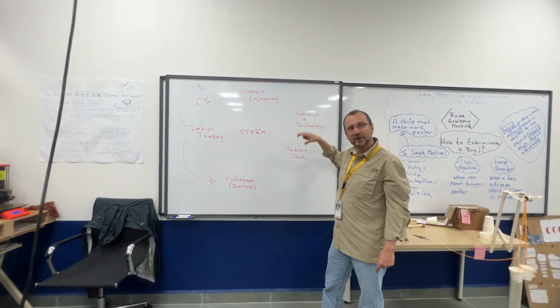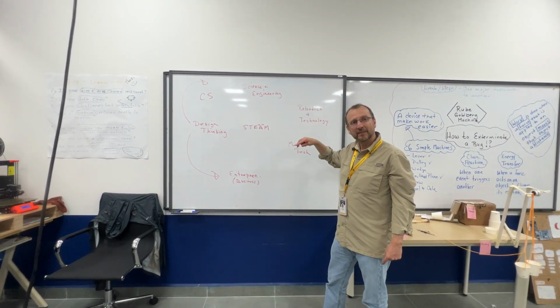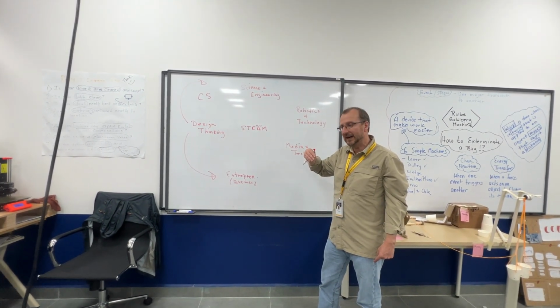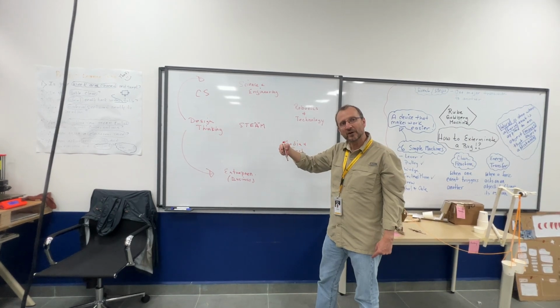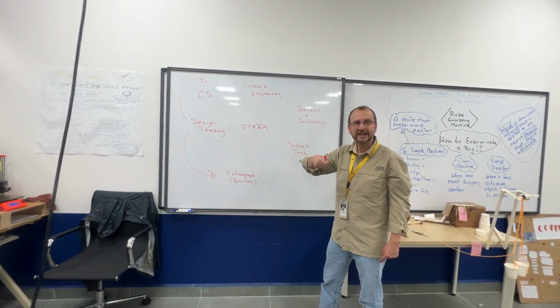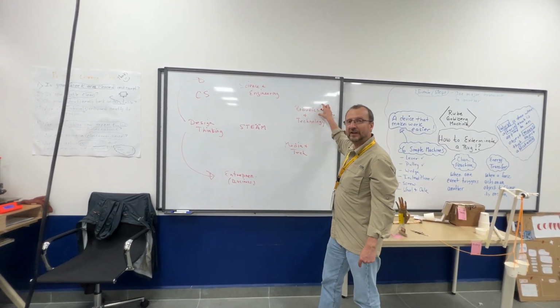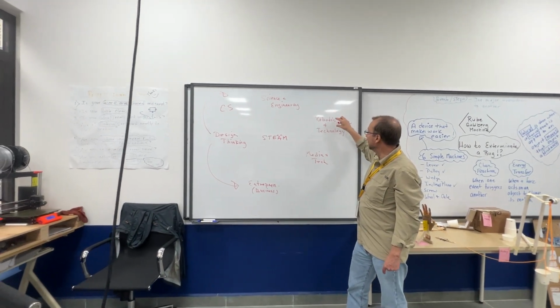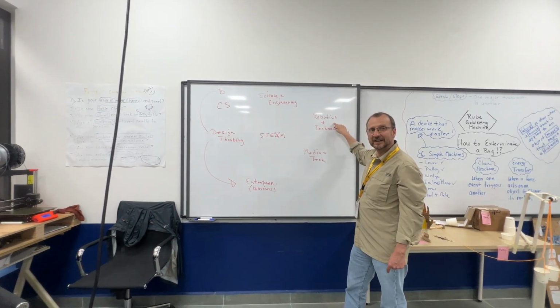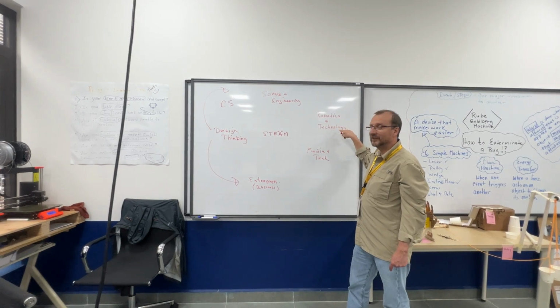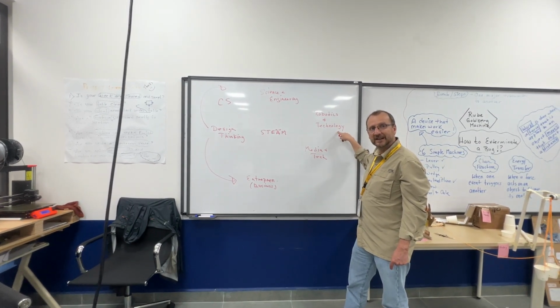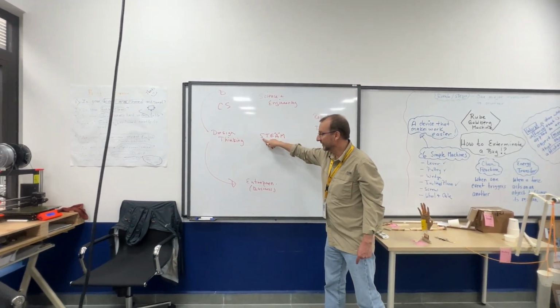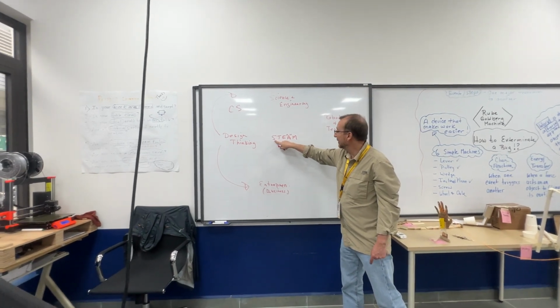If we're running robots, we can also use different instruments on those robots to collect data, and that would be the science part that's woven into that as well. So sometimes we have technology standards here, but sometimes we also have science standards that are woven into the science part.